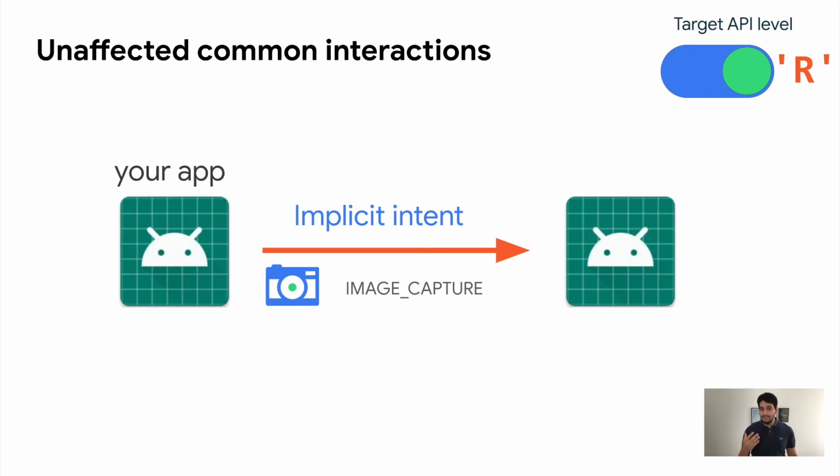If you send an implicit intent for another app to take action, for example, to use the image capture intent with the pre-installed camera app, that will work as expected. If there is more than one eligible application, the system will show a dialog box for the user to choose from, and that works. You don't have to make any change for that.